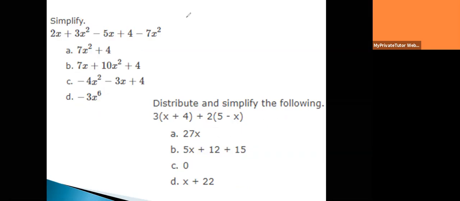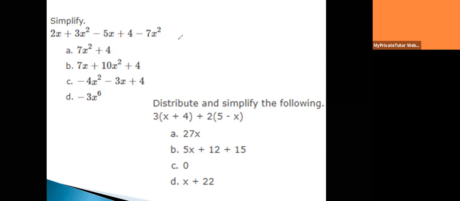So 2x minus 5x, 3x square minus 7x square. So said C, I think you were correct. Yeah, excellent. Iris, do you understand that question or you want me to explain?